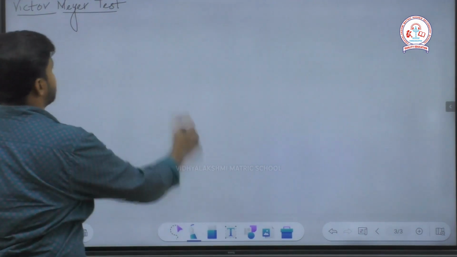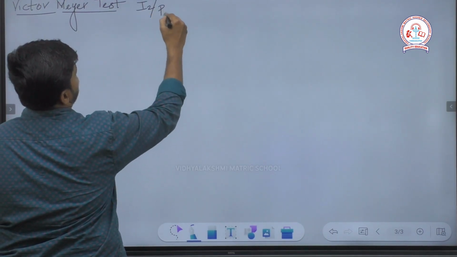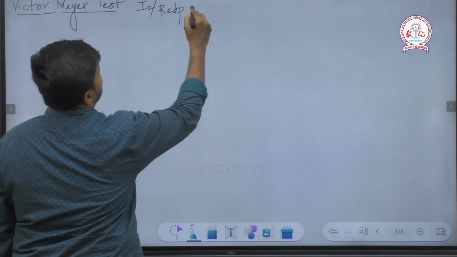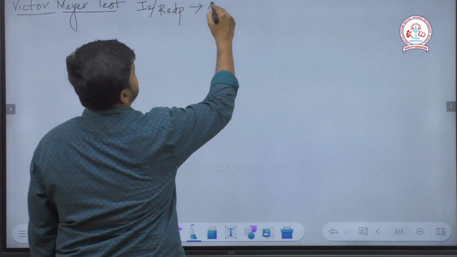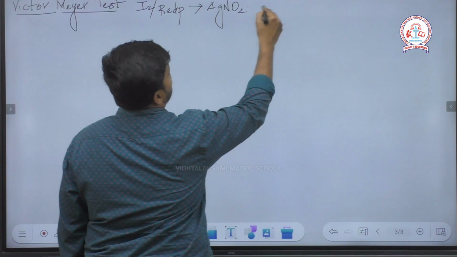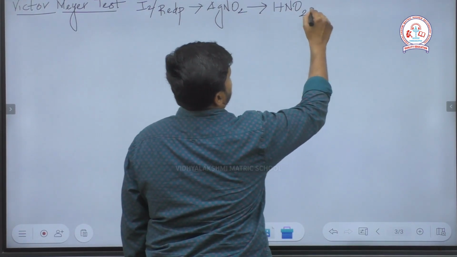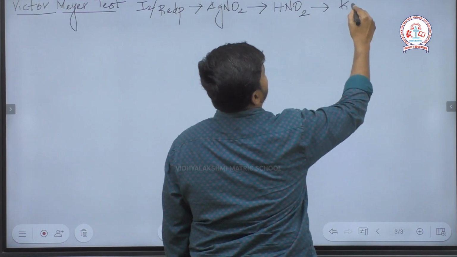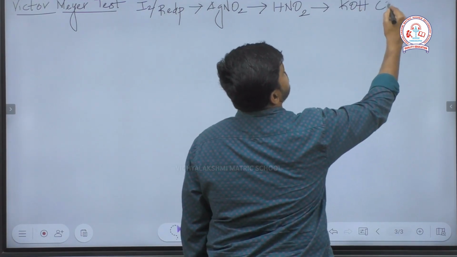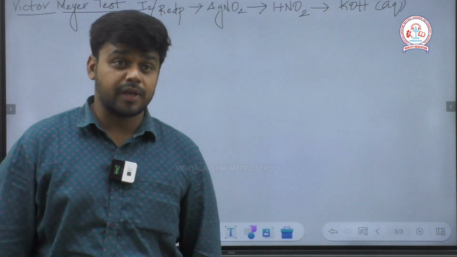What's the sequence of the reagents? Iodine in the presence of phosphorus, followed by silver nitrite, followed by nitrous acid, followed by aqueous KOH. The sequence of the reagents is quite important here.